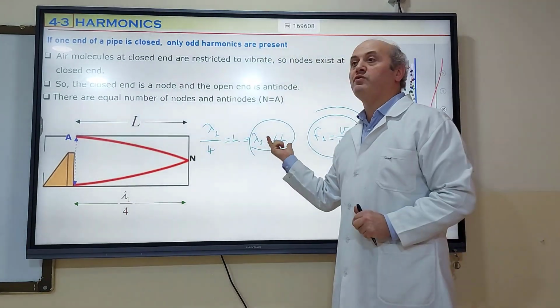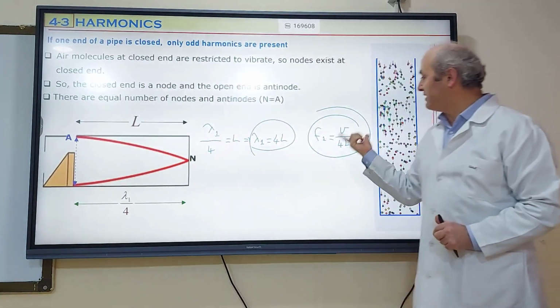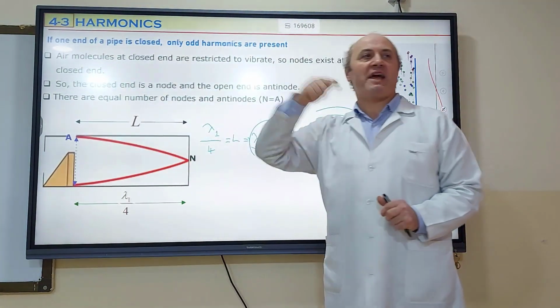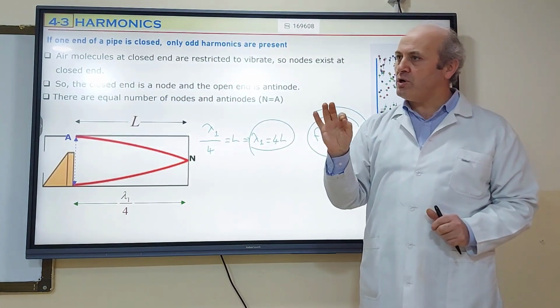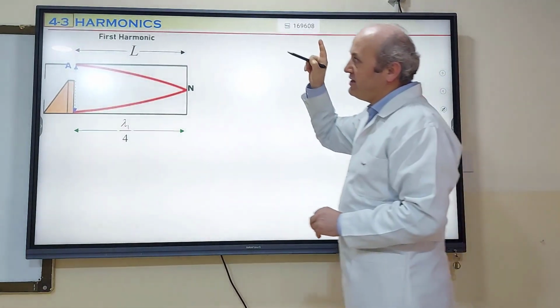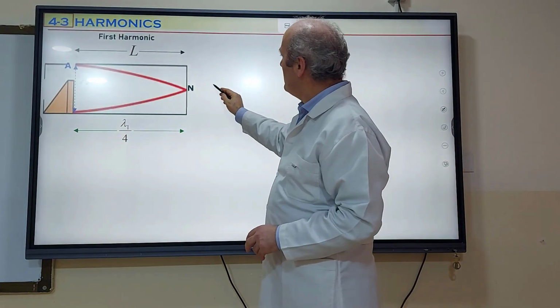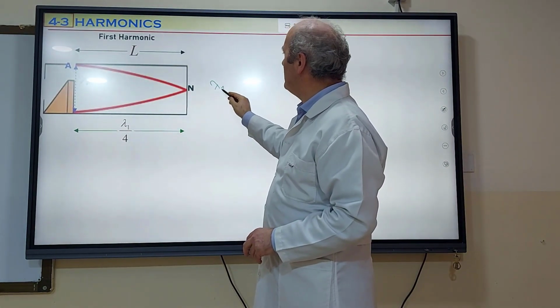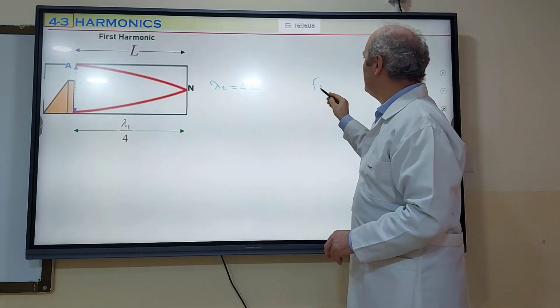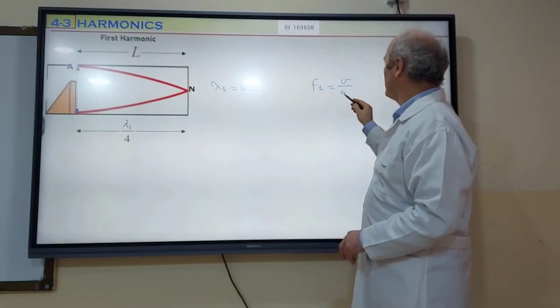So now this is the first harmonic. Its wavelength is 4L, fundamental wavelength, fundamental frequency V divided by 4L. But from one harmonic to next, we have to add one more loop. This is first harmonic. We know lambda 1 is equal to 4L, and frequency is V divided by lambda 1, yani 4L.